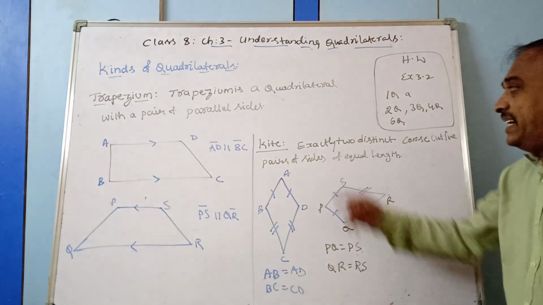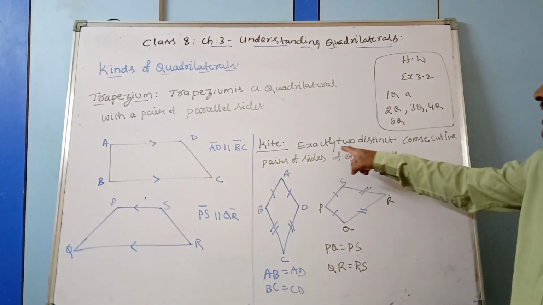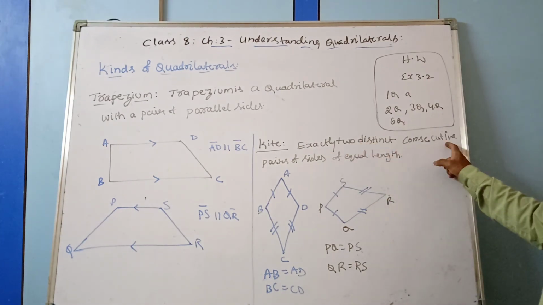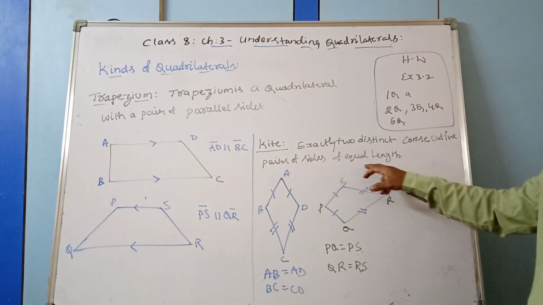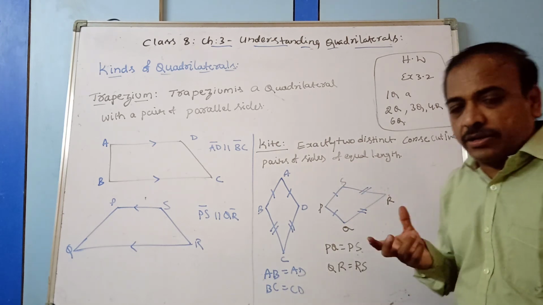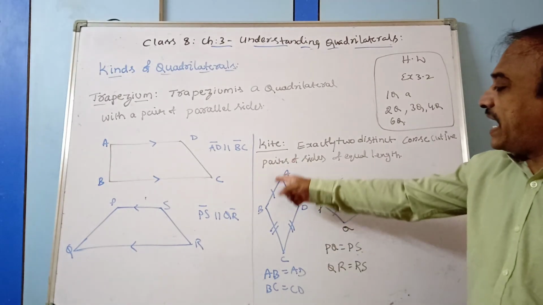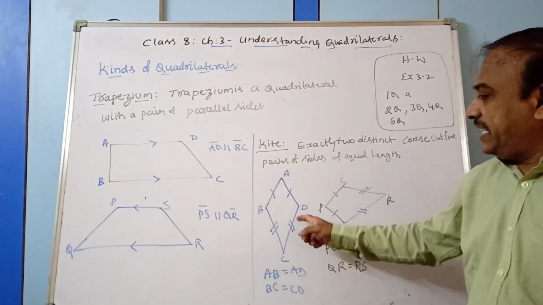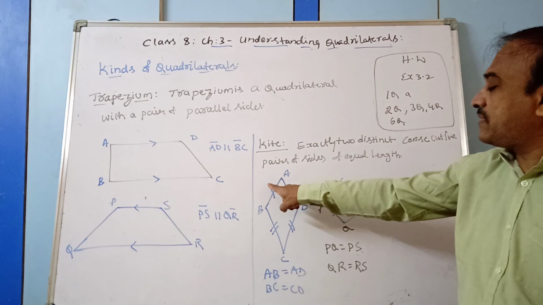Next, the kite. It has exactly two distinct consecutive pairs of sides of equal length. Everyone knows how a kite looks. Here the kite is ABCD.